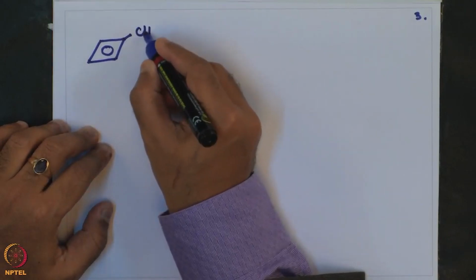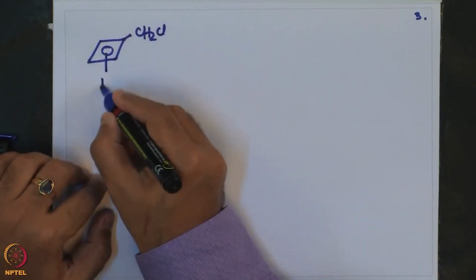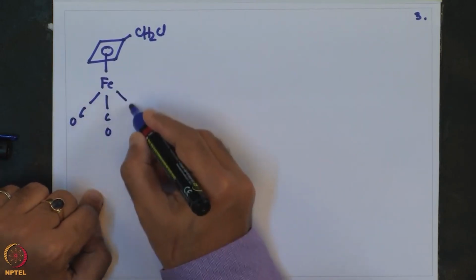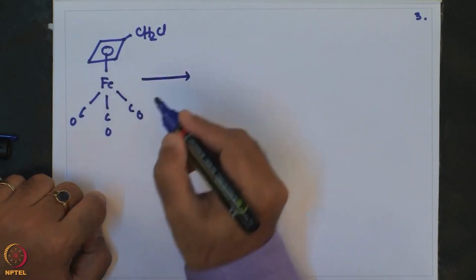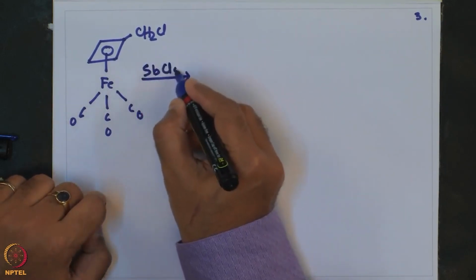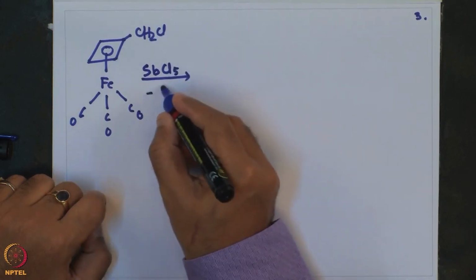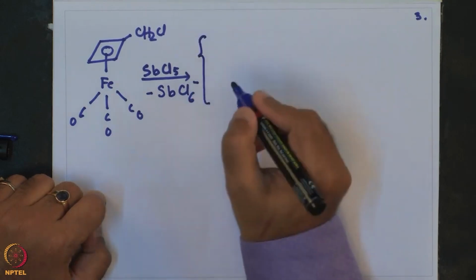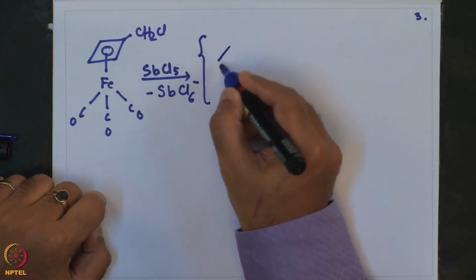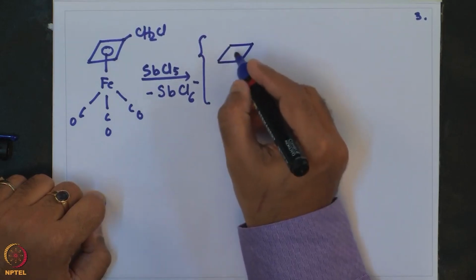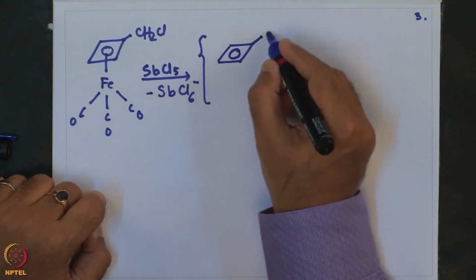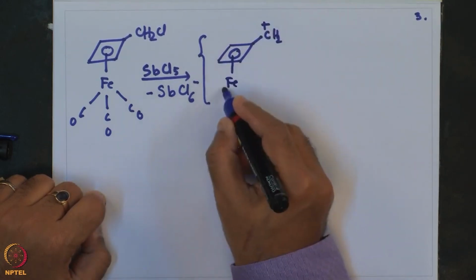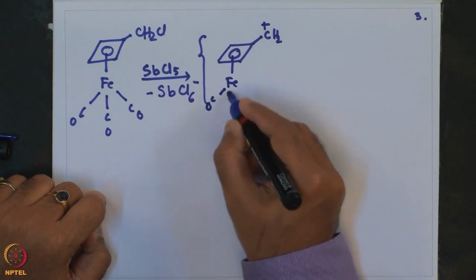Cyclobutadiene CH2Cl with Fe(CO)3, in presence of SbCl5, undergoes halide abstraction, resulting in elimination of SbCl6 minus and generation of this compound, which is cyclobutadiene CH2 plus Fe(CO)3.